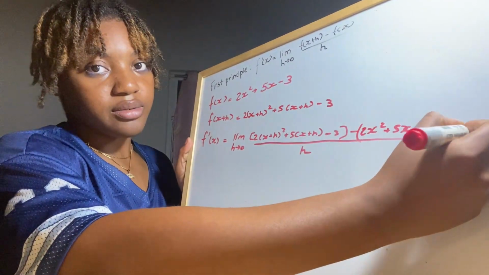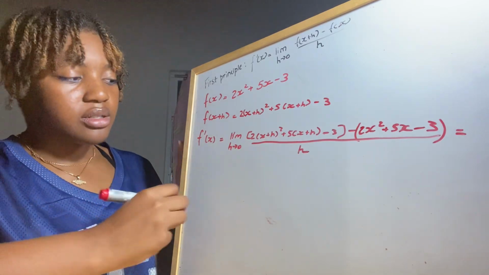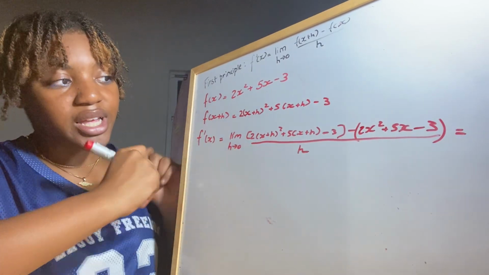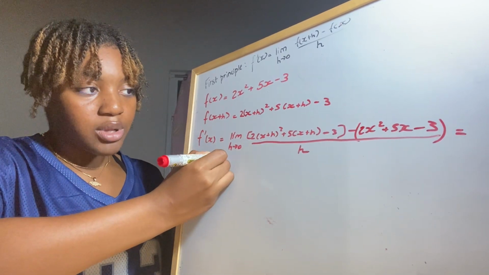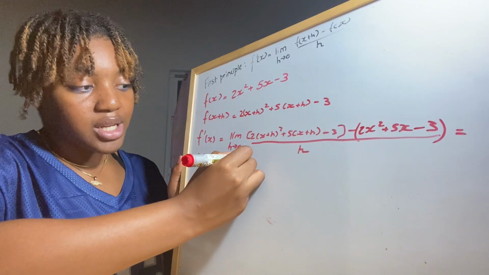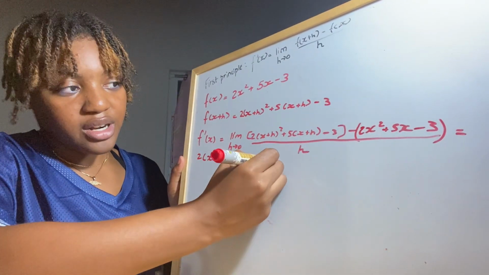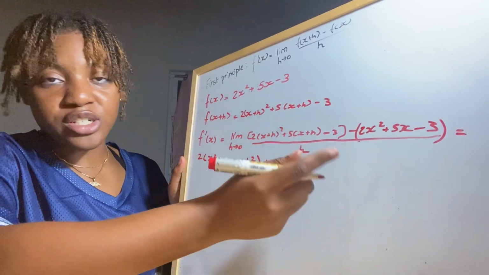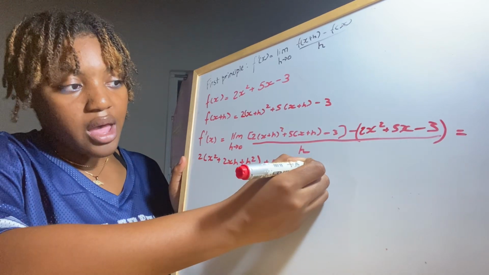So next thing is that we're going to expand the brackets. So we'll have x plus h squared. That would give us 2 times x squared plus 2xh plus h squared. And we're going to distribute the 5, so we're going to have 5x plus 5h minus 3.